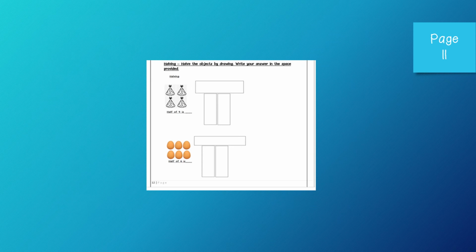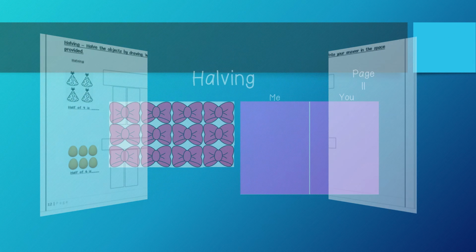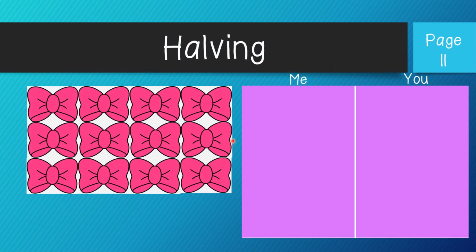On page 11, we have halving. Halving is another word for saying sharing between 2 people. So let's do an example together. So now let's see how many bows we have all together so that I can shade equally between me and you.